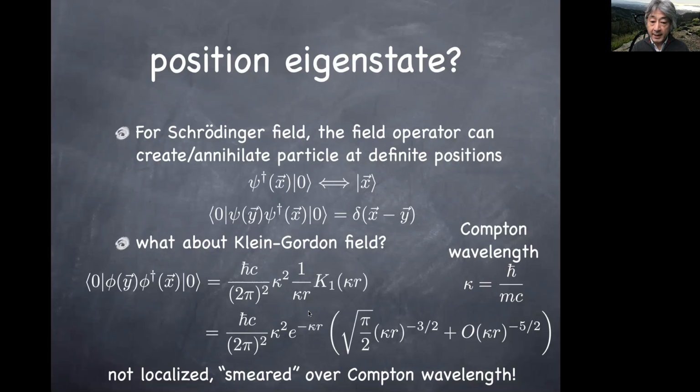What that means is that this exponential damping happens infinitely fast. Then you recover the limit of the delta function normalization, up to the overall normalization factor you'll see on the next slide. So in the limit of the non-relativistic theory, where the speed of light goes to infinity, you go back to delta function normalization. The state is no longer smeared. How much the state is smeared has to do with the speed of light.